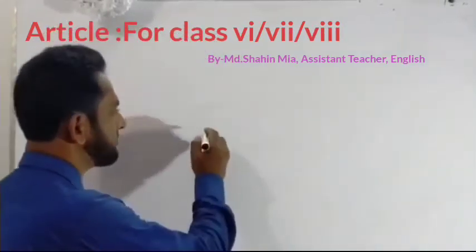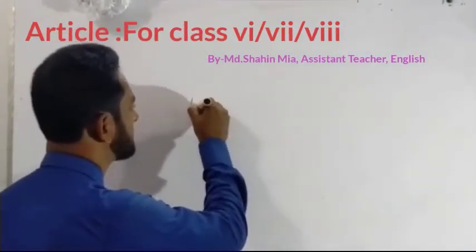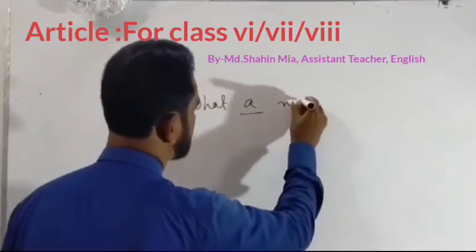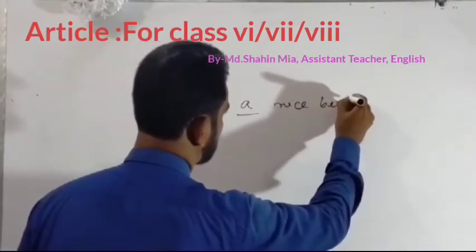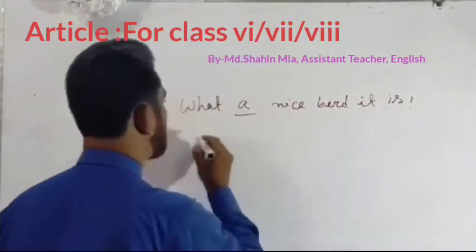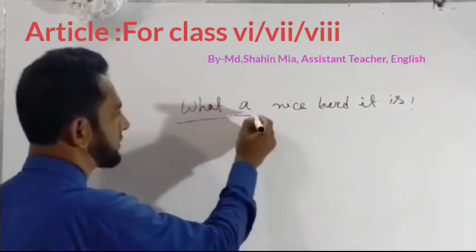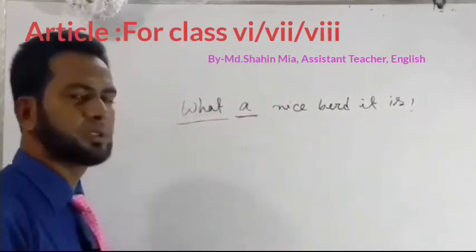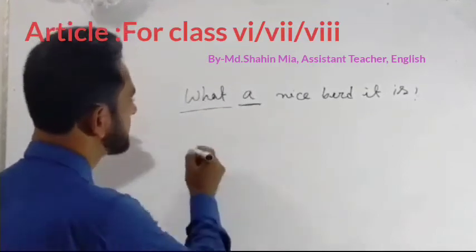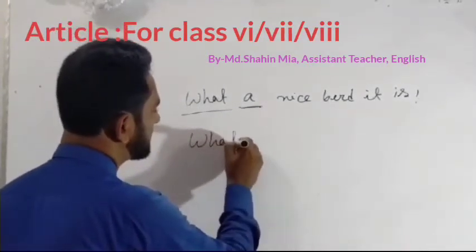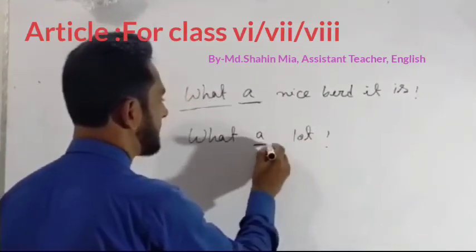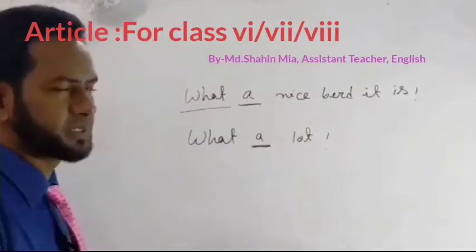Example, what a nice bird it is. Here after what we must use article a. What a lot. Here we must use article a.